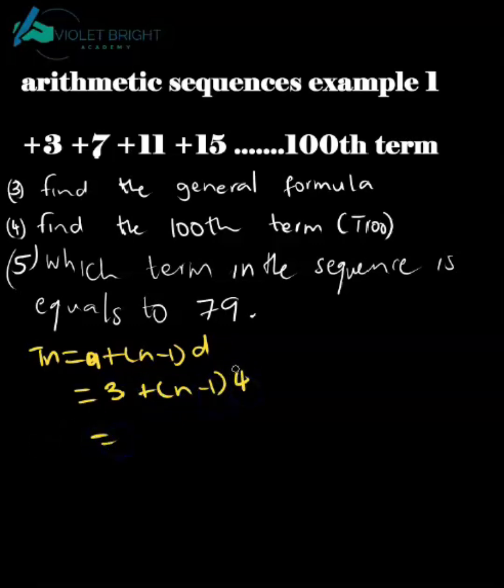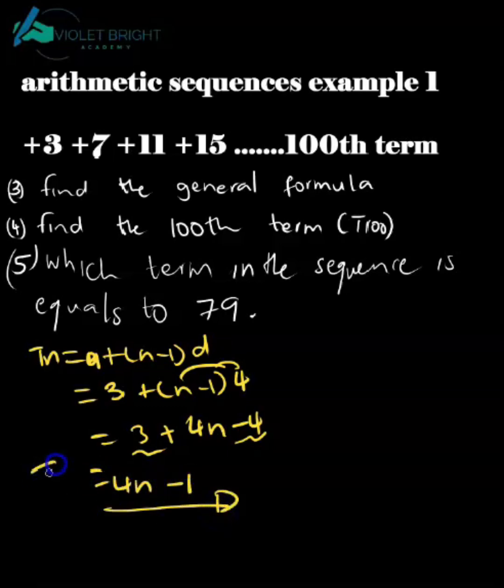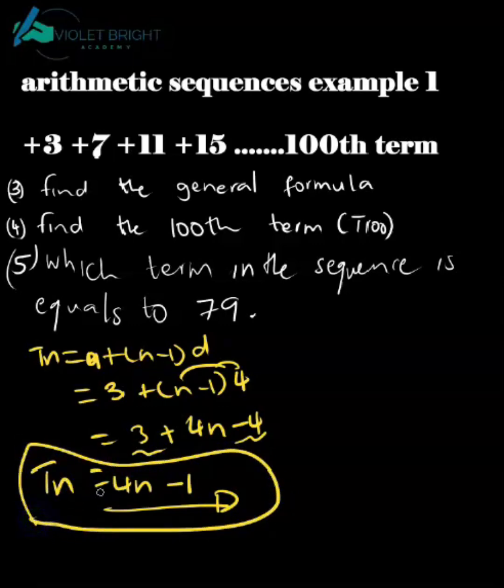So let's try factorizing here. So it's 4 multiplied by n, it's 4n minus 4 plus 3. So these are like terms. So it's 4n minus 1. So this is the general formula.